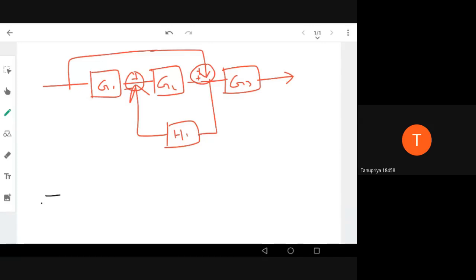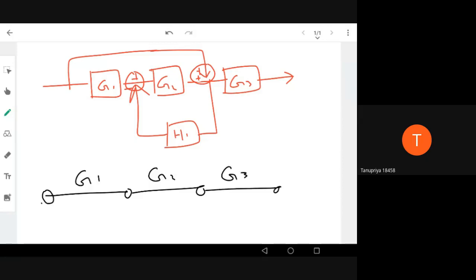We can model this using different nodes. Gain G1, the next node gain G2, the next node gain G3, something like this. Okay, so this was the technique, and we have feedback from this to this. So this is H1, this is minus, I call this minus H1, right?